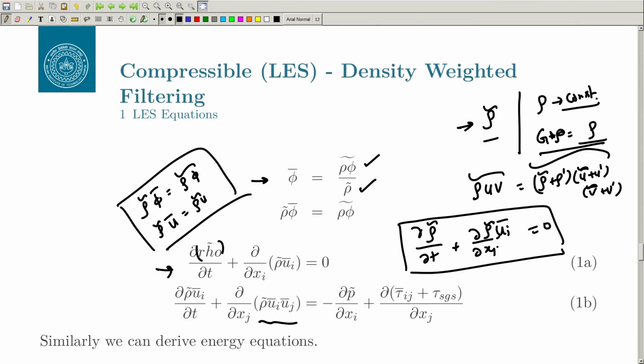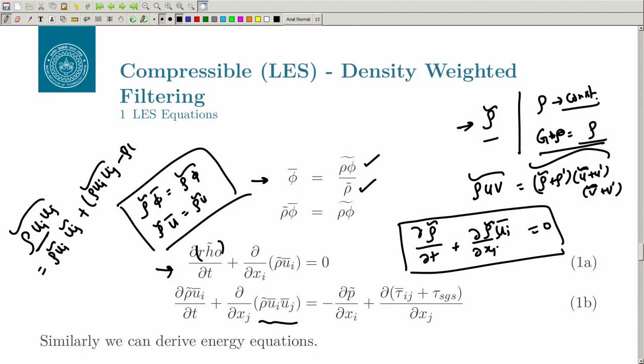So, we will have the filtered rho u i u j, and then you can basically take rho u i as one variable and u j as another variable, like we have done for the RANS equations. If you do those derivations, and you also write in terms of, rho u i u j filtered is equal to rho bar u i tilde u j tilde plus the filtered rho u i u j minus rho bar u i tilde u j tilde.